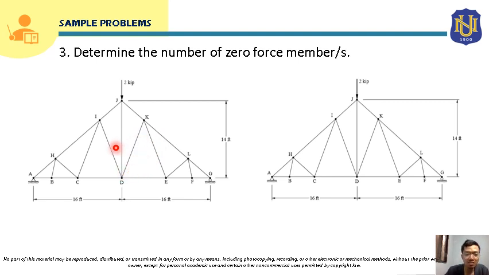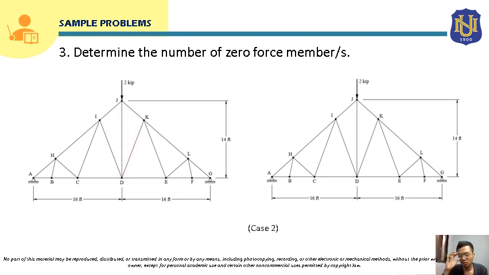Okay, if these members are zero force members, and we proceed to joint D, the members attached to it are just CD, DE, and DJ. So if we apply case 2 here, two members here are collinear. So the member that is not collinear, which is member DJ, will be a zero force member. So member DJ is also a zero force member.